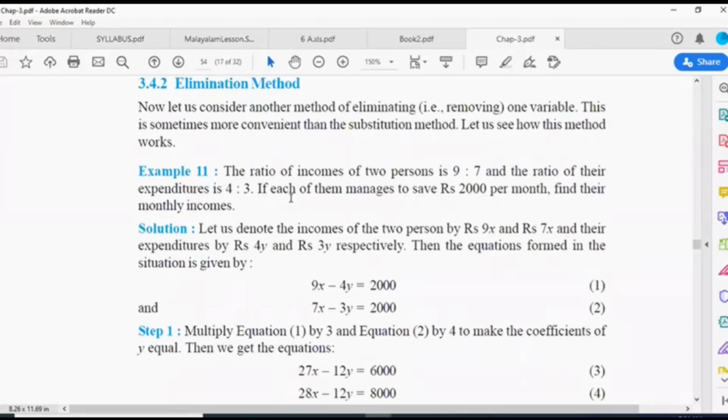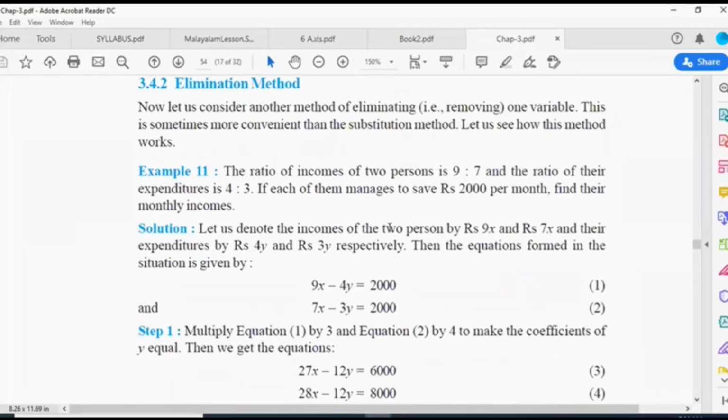So two statements are given. The relation between their incomes, the ratio, is given, and their expenditure ratio is also given. From 9:7, we can take their incomes as 9x and 7x, and the expenditures we can choose as 4y and 3y.